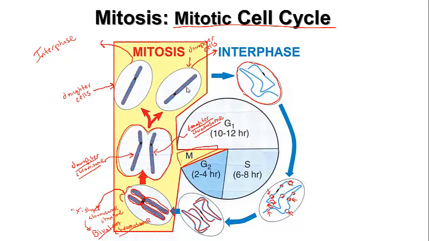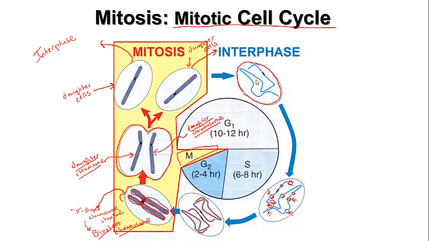We go from condensed chromosome to decondensed chromosome. This is a single copy of the DNA for the chromosome, and then we switch to two identical copies of the same DNA molecule for each chromosome, and then finally we go back into the condensed state, and then we break apart, and then we go back down into the decondensed state, now containing only one copy of the DNA for each chromosome.